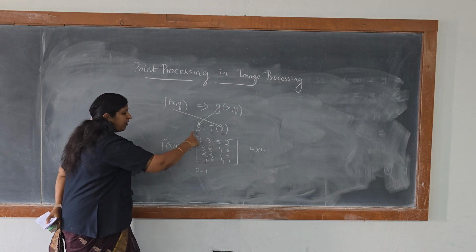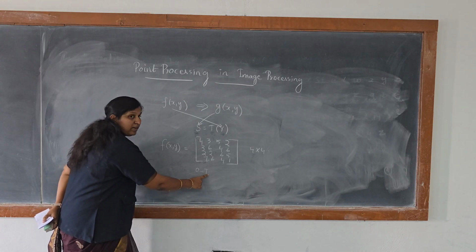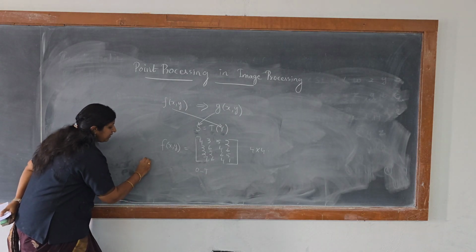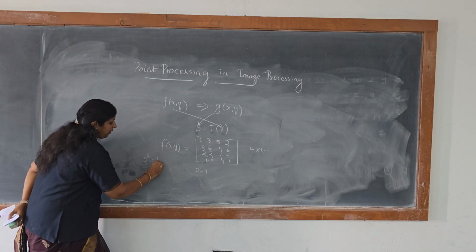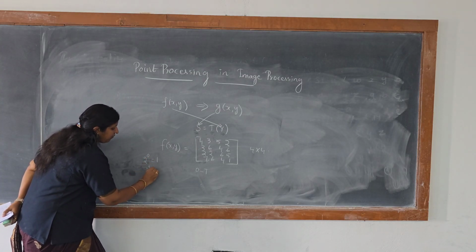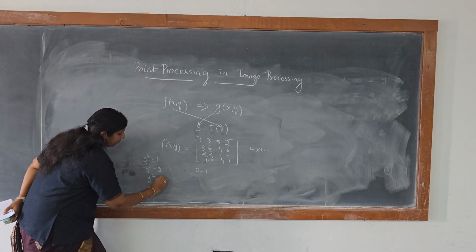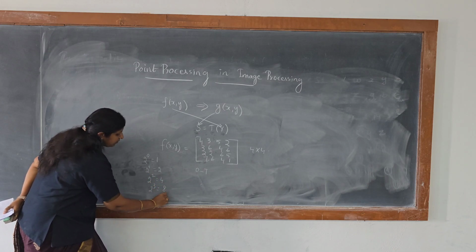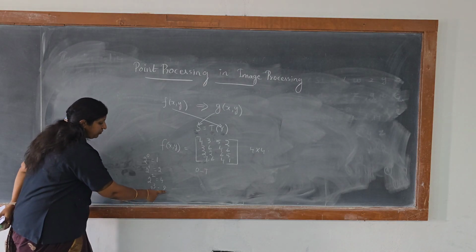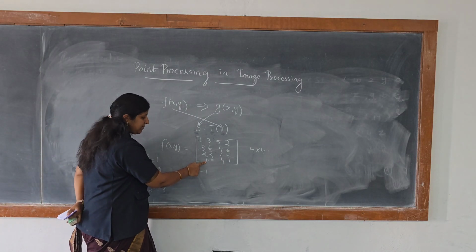Now we can write these values as powers of 2. 2 power 0 equal to 1, then 2 power 1 is 2, and 2 power 2 is 4, 2 power 3 is 8. We can stop at 2 power 3 equal to 8 because the maximum value here is 7.